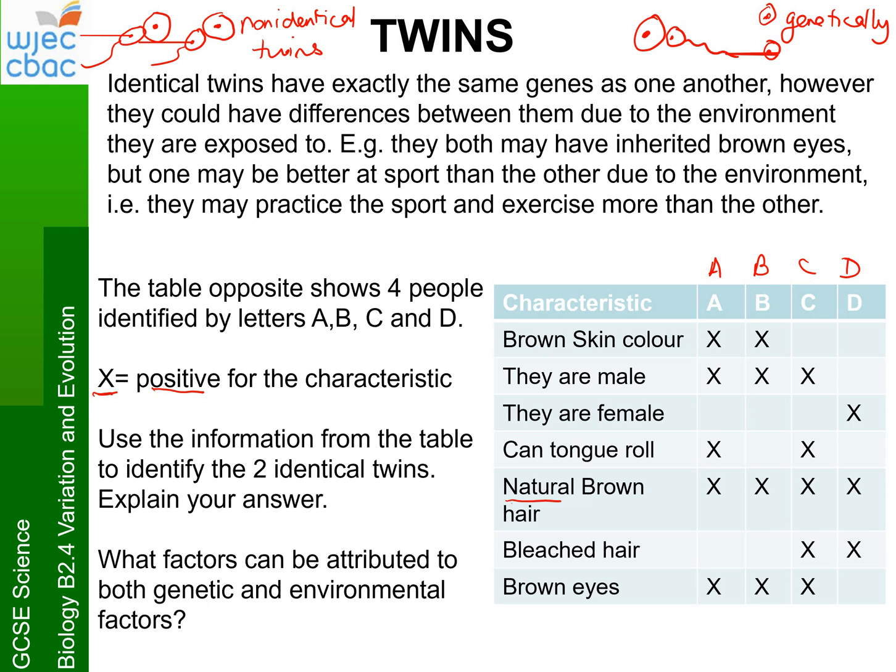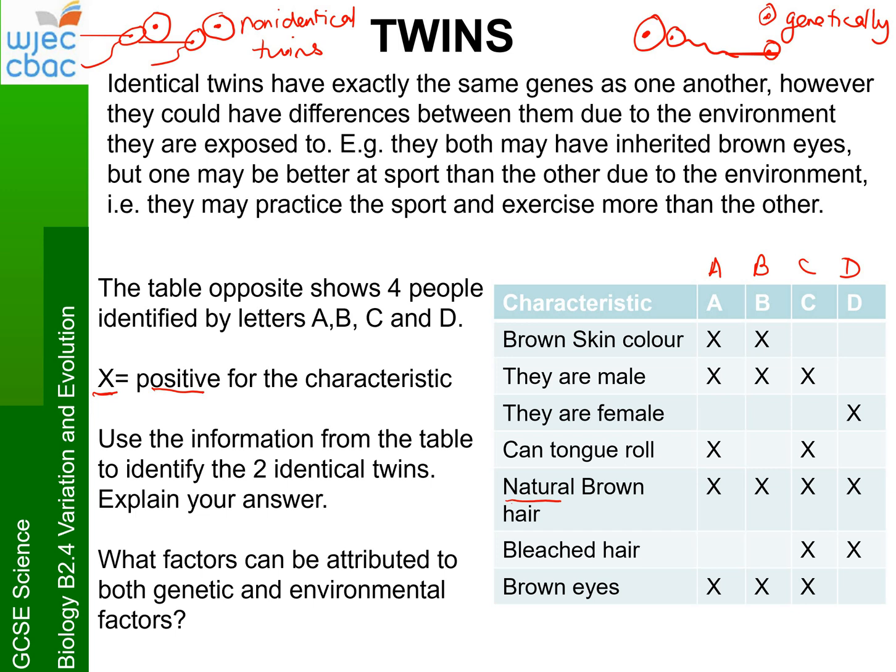Use the information from the table to identify the two letters that are identical twins, and then explain your answer. And then I want you to tell me what factors can be attributed to both genetic and environmental factors. Pause the video, answer the questions in the spaces on page 8.